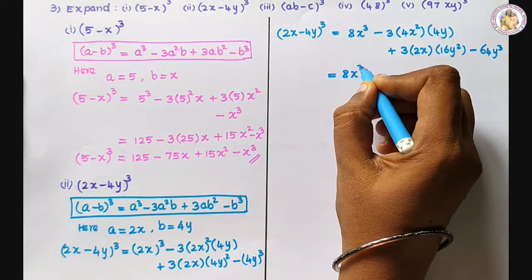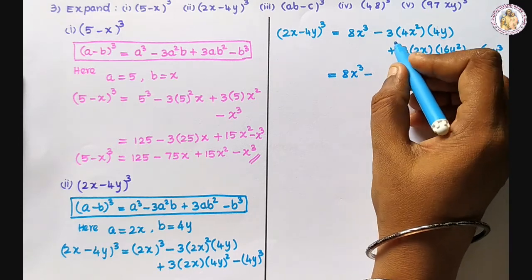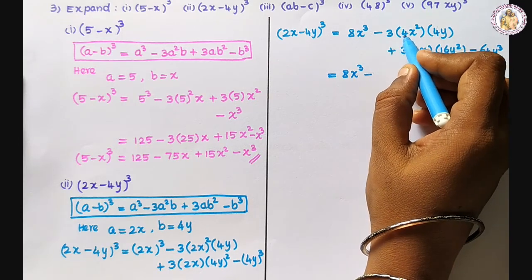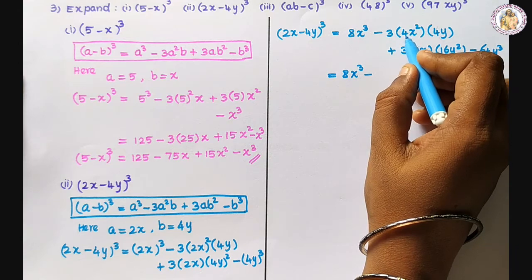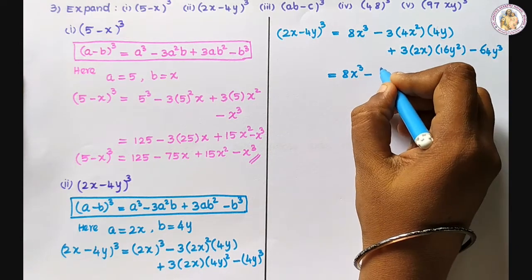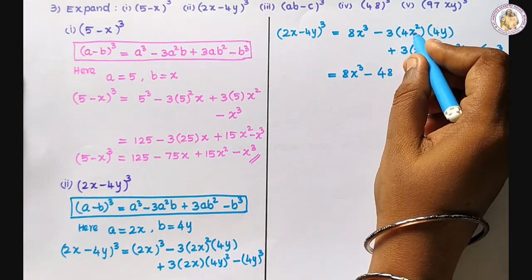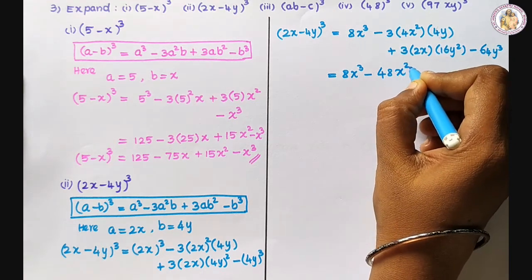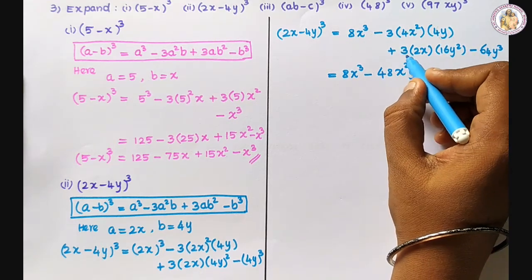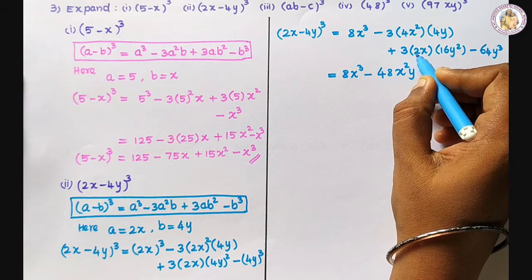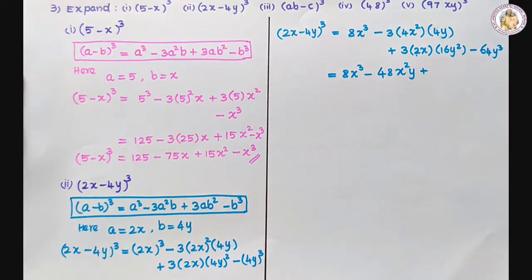8x cube minus, multiply the numbers, 3 4s are 12, 12 4s are 48 x square y, plus 3 2s are 6, 16 into 6, 6 6s are 36, 6 1 is 6, 96.